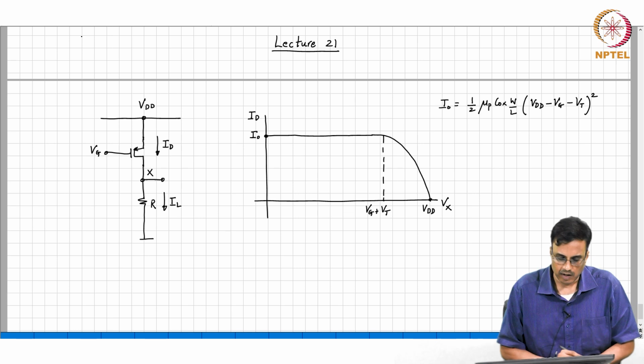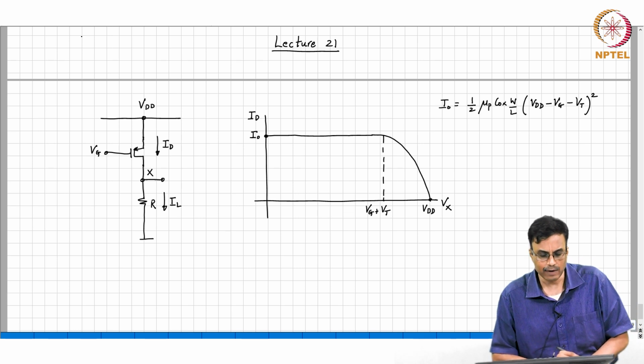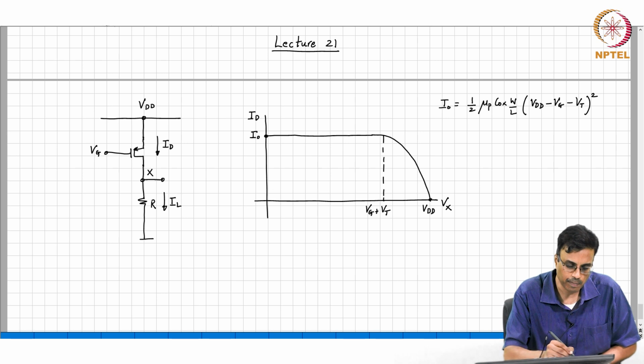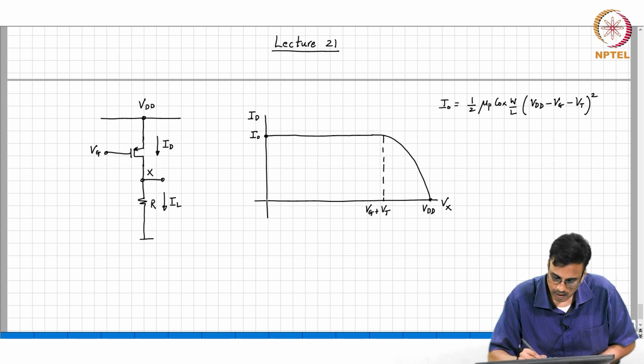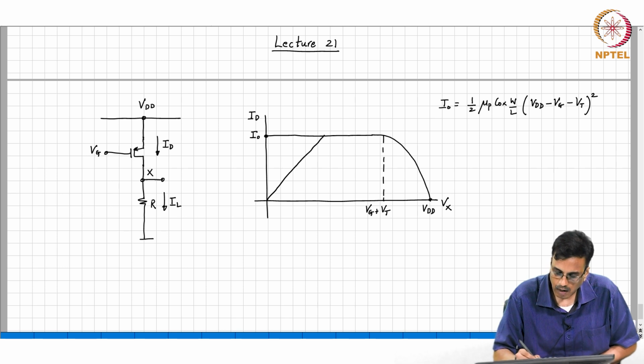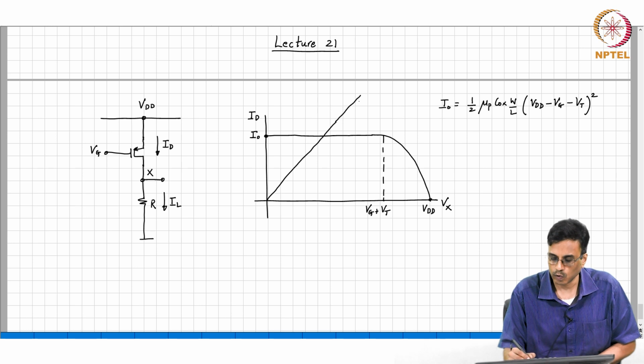Alright. So, the next job is to plot IL versus Vx. How will that picture look? It will be a straight line passing through the origin. And what is the slope? 1 by r.